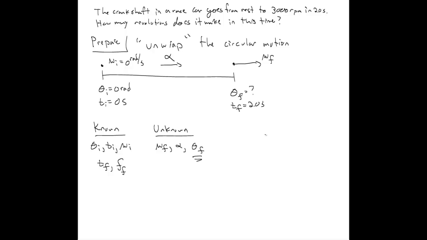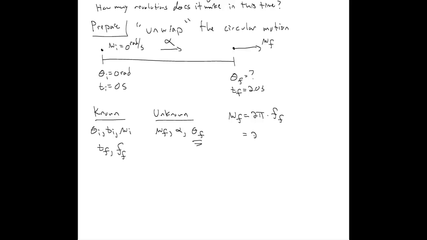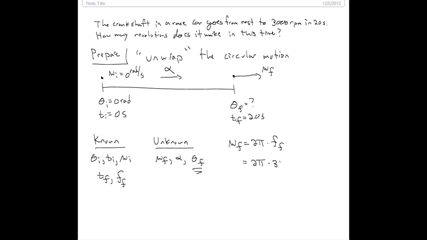So before we go too much further, let's write the final angular speed. The final angular speed should be 2 pi times the final angular frequency, this f sub f. So that's 2 pi times the final frequency we had as 3,000 revolutions per minute.